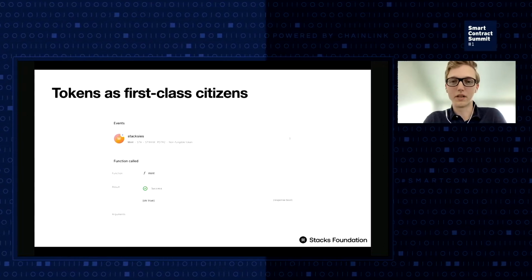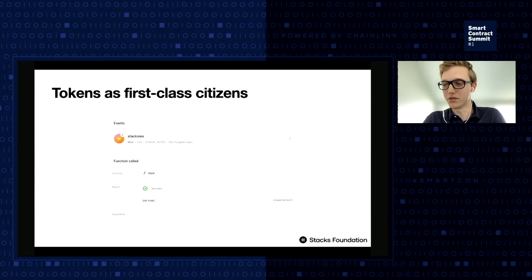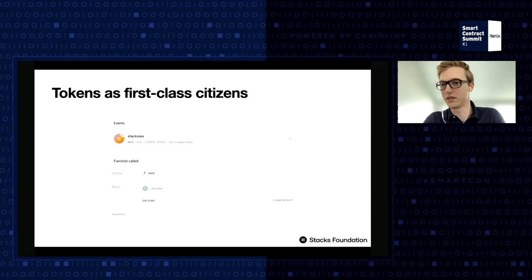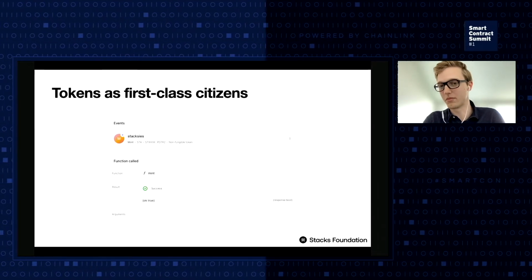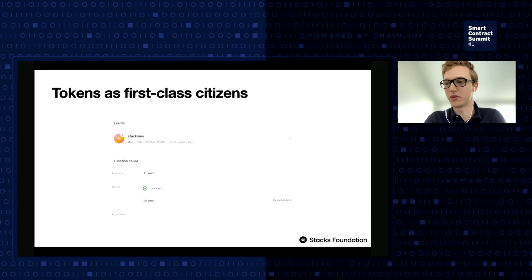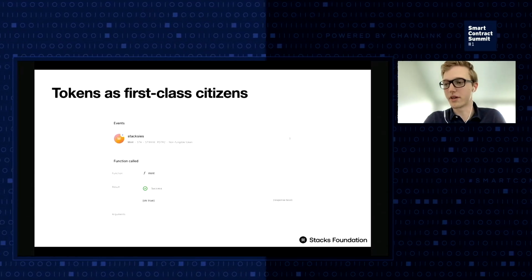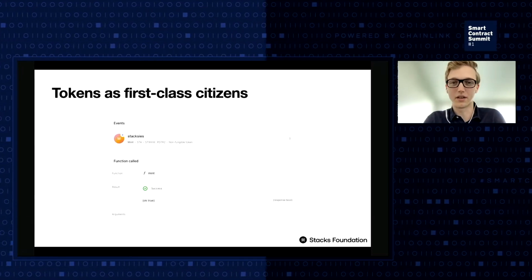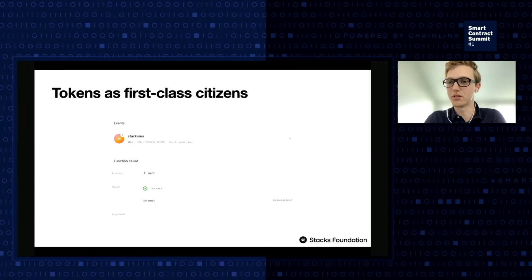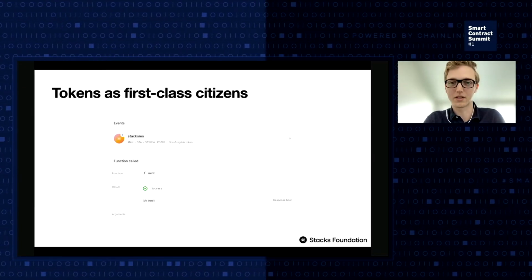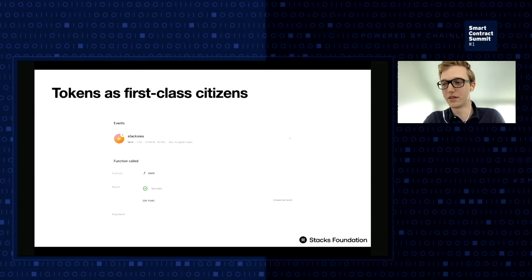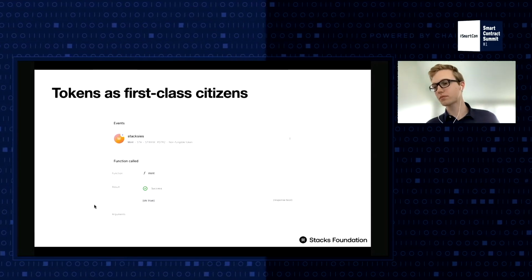That makes it really easy to track what kind of different tokens users are holding, because it's all part of the asset maps of that particular principal. So you don't have to query tons of different contracts to figure out what exactly a particular principal owns. You can just retrieve that from the asset information of that principal. So that makes it really powerful.